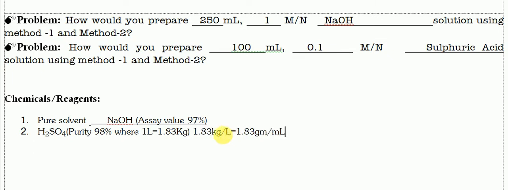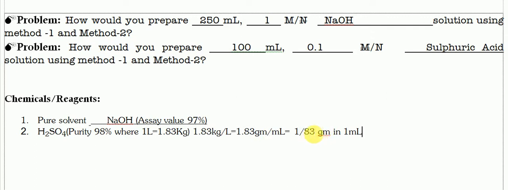I have divided the kg by 1000 and the liter by 1000. Dividing the kg by 1000 provides you the gram, and dividing the liter by 1000 provides you the ml. So 1.83 gram per ml. That means 1.83 gram in 1 ml.